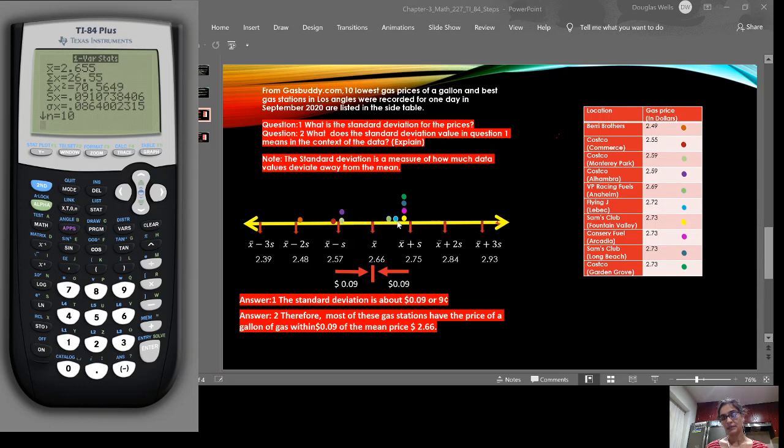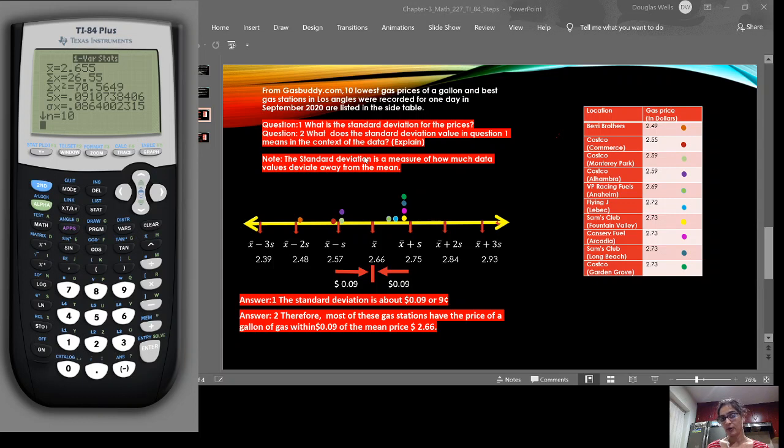Fifth one goes here, sixth one here. 7, 8, 9, 10, I stacked them up because they were the same. If you notice one thing, 8 out of 10 gas prices lie within 1 standard deviation of the mean. This guy, the red dot, is very close, which is the second gas price. The first one was the cheapest one, and that's almost within 2 standard deviations of the mean.